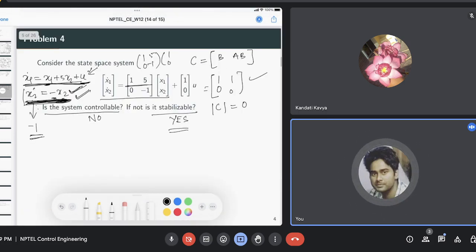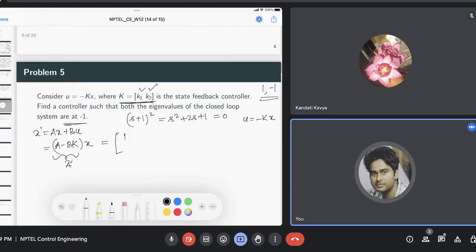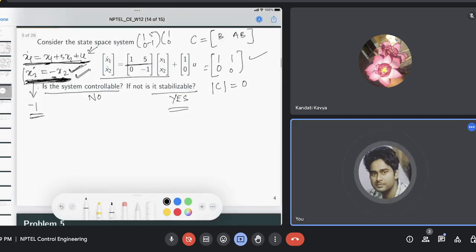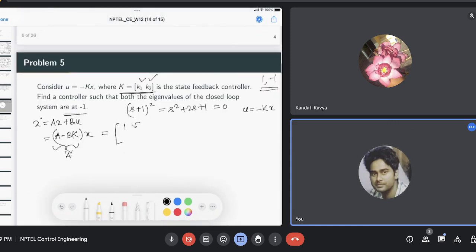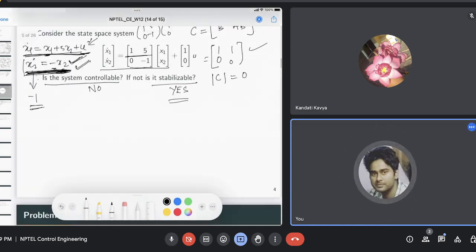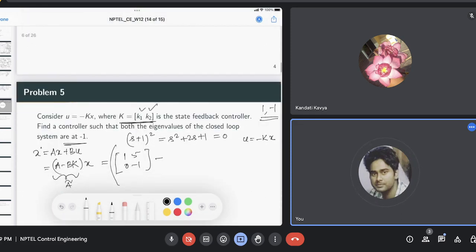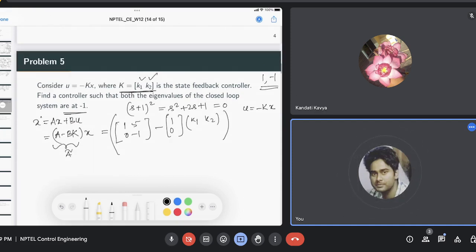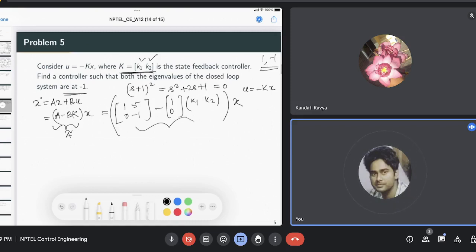The A matrix is [1 5; 0 -1], the B matrix is given as [1; 0], then K is [k1 k2]. So let's compute A tilde.